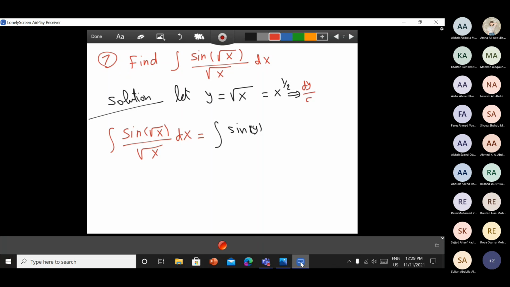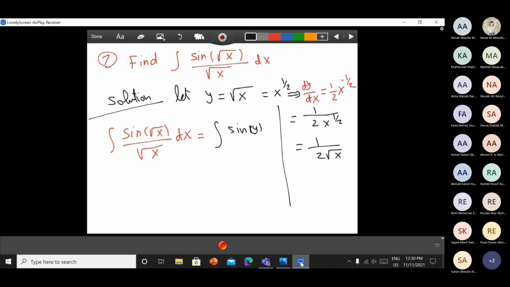How to differentiate this one? You get the power down and subtract 1 from the power, so half minus 1 will be minus half. Now, x to the minus half, it is better to get it down. When you get it down, you have it to the positive half. X to the positive half will be exactly what? Root square x.